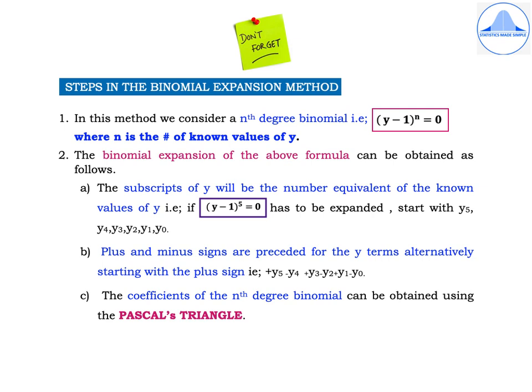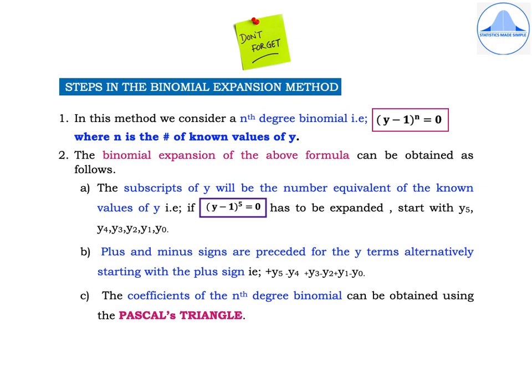If it was something like (y minus 1) whole square, you know how to expand it. But as the powers go on increasing, it is difficult to remember the formula, and hence we have a certain technique. So first, what should we do? If we have (y minus 1) to the power 5 equal to 0 and it has to be expanded, you start with y5, y4, y3, y2, y1, y0.